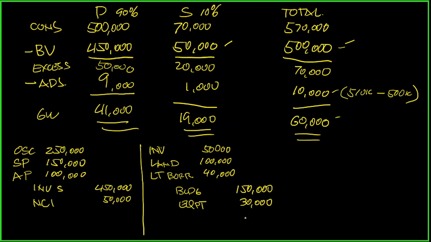Kung wholly owned sana yan, o di credit investment na 10,000. Pero hindi, dalawa na tayo kasi na mag-share sa adjustment na yan. So, credit investment in subsidiary amounting to 9,000 and credit non-controlling interest at 1,000. Ayun. Okay, so ni-record mo na yan.